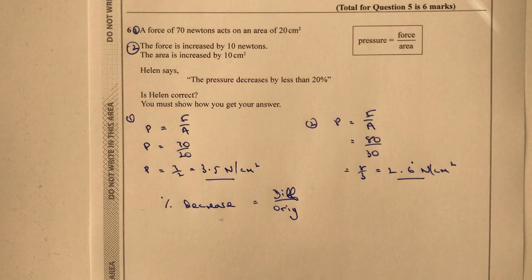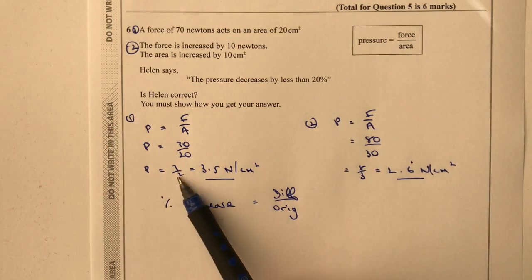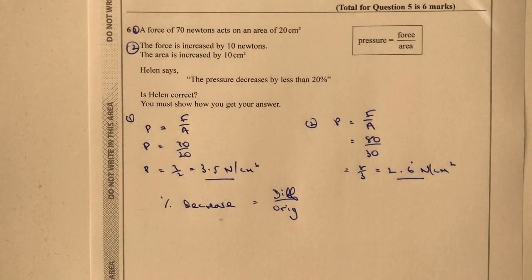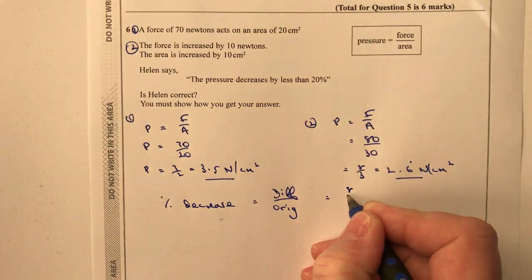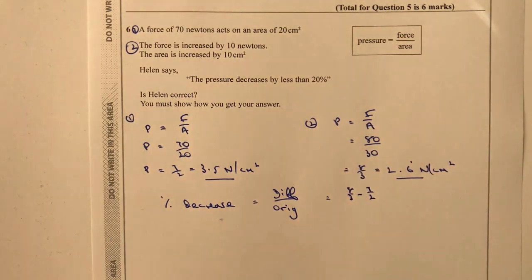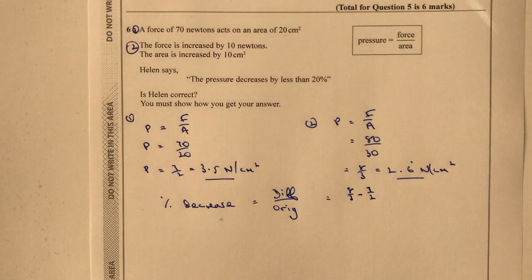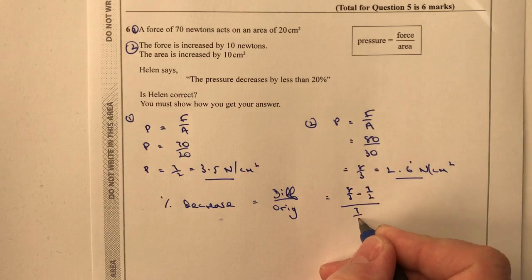Using the calculator, I've got a difference of 8 over 3 minus 7 over 2. You can work that out separately or plug it straight into the calculator. Then the original is 7 over 2.